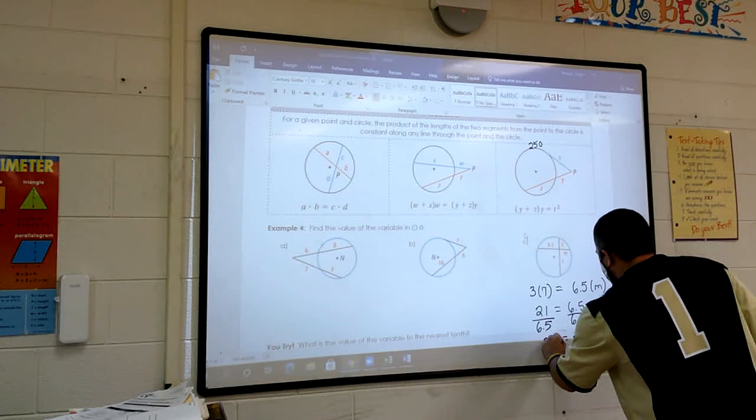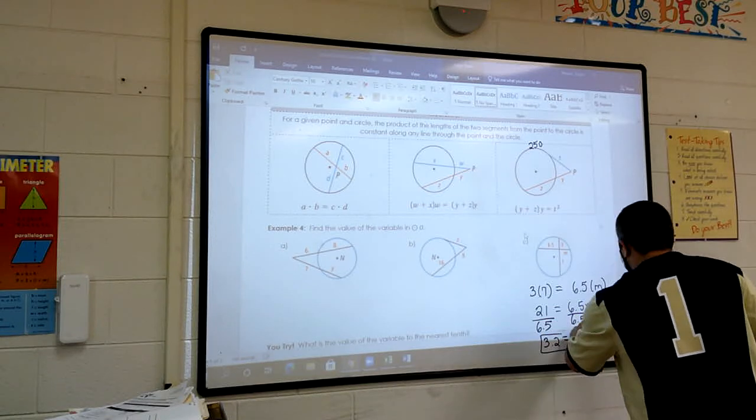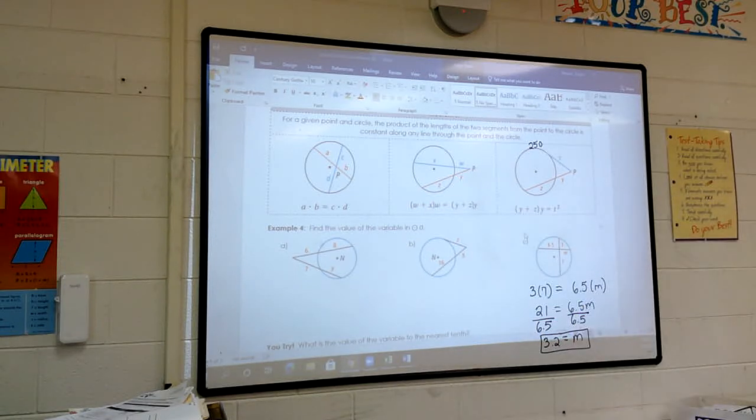And that is your final answer. So that's how you figure that one out. We're just plugging it in here. We knew you have to multiply the 2 parts of the line together, and then set them equal to each other. So that's the goal, and that's all we're doing there. Multiplying them together and setting them equal to each other.